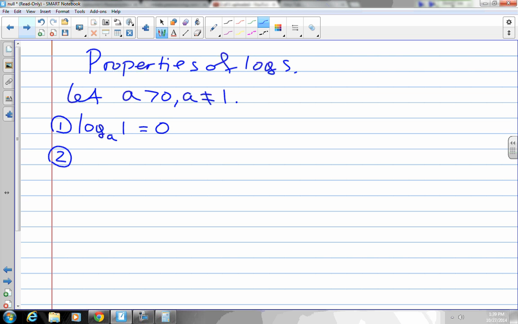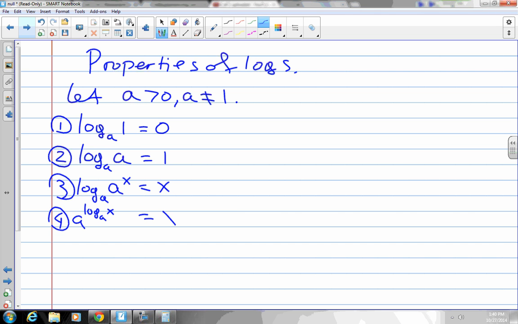The second property, log base a of a, that equals 1. To what power to raise a to get a? Well, 1. Nothing changes. Right? And then the last two, these are your inverse properties, log base a of a to the x equals x, and a to the power log base a of x also equals x.